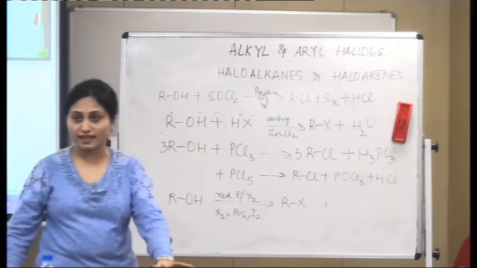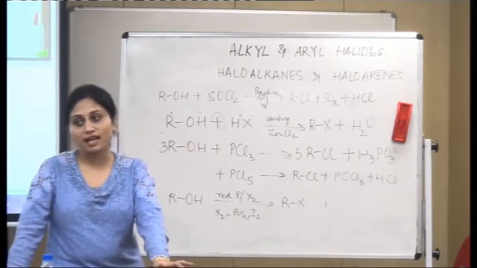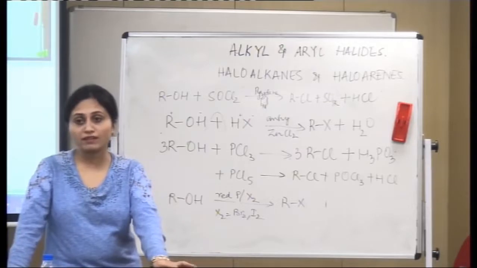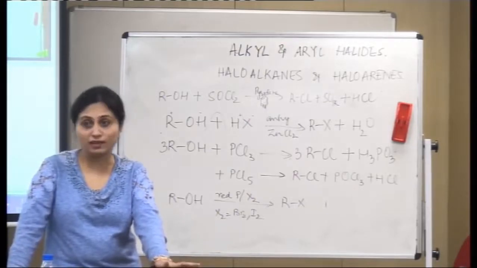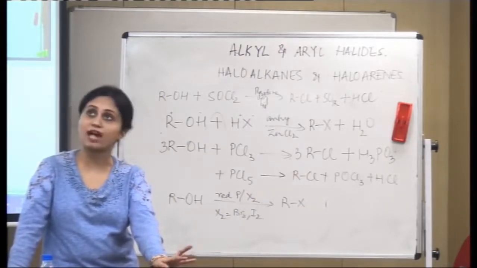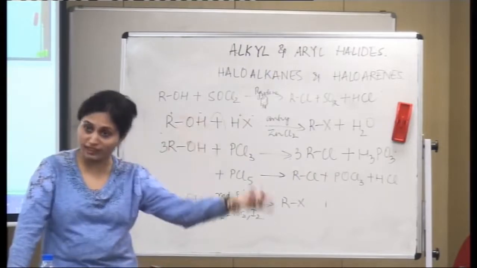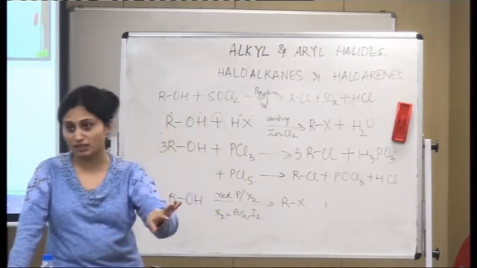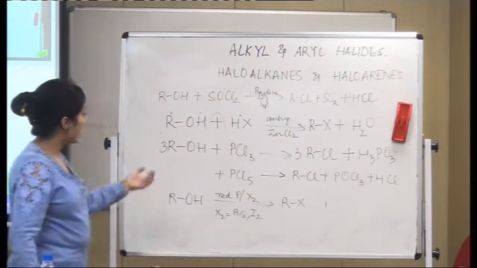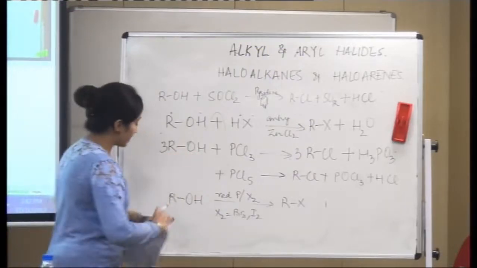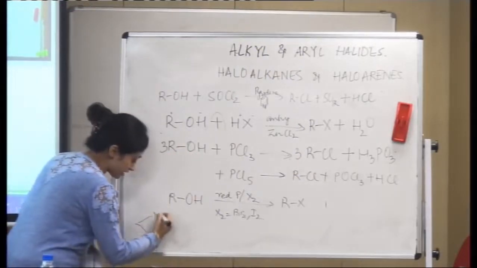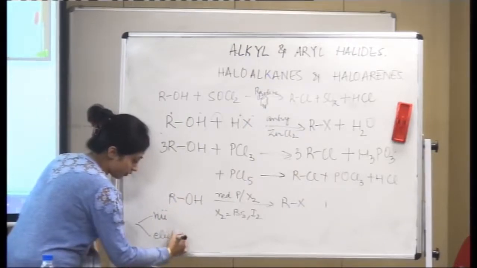When we add HCl, we get RX plus water. This is when we add it to alcohol, all of them to alcohol. So you have ROH, तो आपको पता है OH को निकलना है and Cl has to come in place of OH. So this is one nucleophile. And then you know, this also you've done in the last class, what is a nucleophile and what is an electrophile?